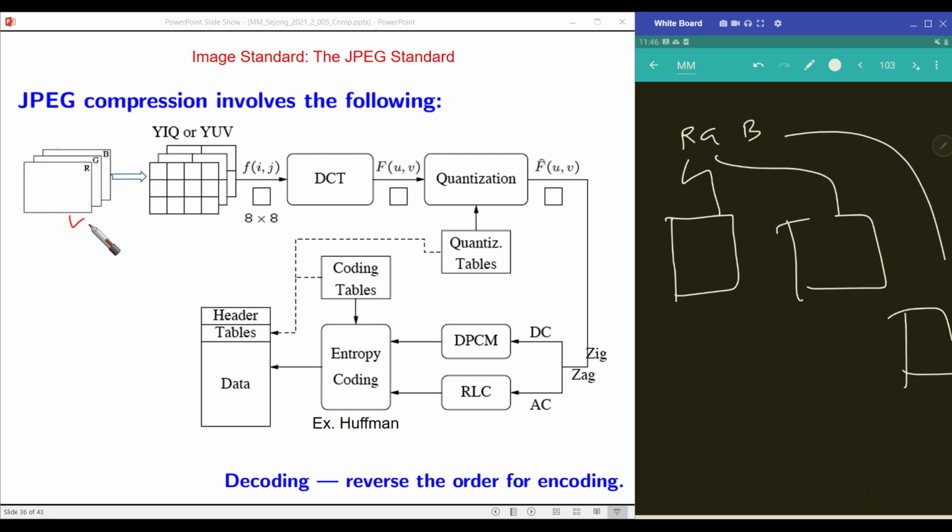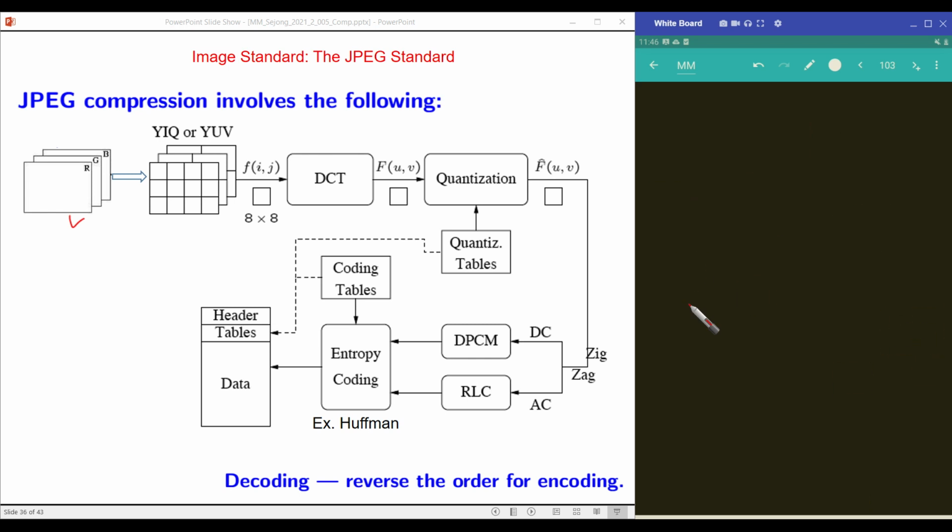Every two-dimensional plane we process one at a time, because this is how JPEG works. We cannot process these three things together. If we convert to YIQ, we have three planes: Y plane, I plane, and Q plane. If YUV, we have Y plane, U plane, and V plane.